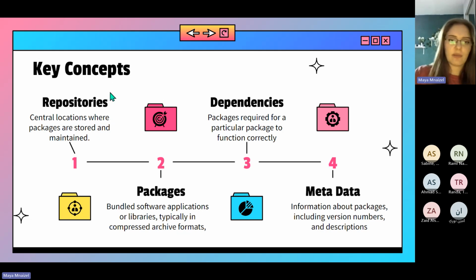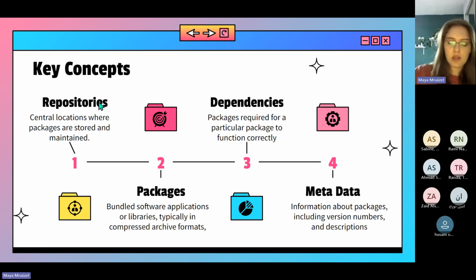So GitHub stores your repositories, and if we remember in day 1, we took a look at the source code of Linux. Packages are bundled software applications or libraries. Maybe they come in compressed or archive formats. And we saw a few packages that we installed, like the Vim package or the calendar package when we started.